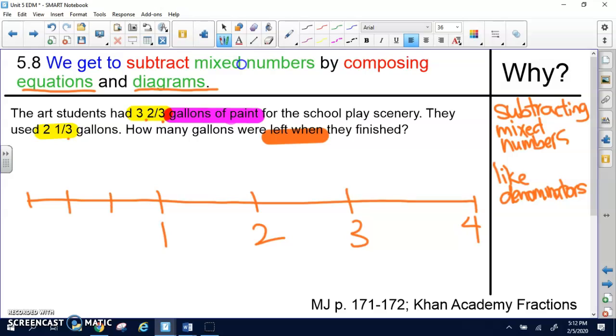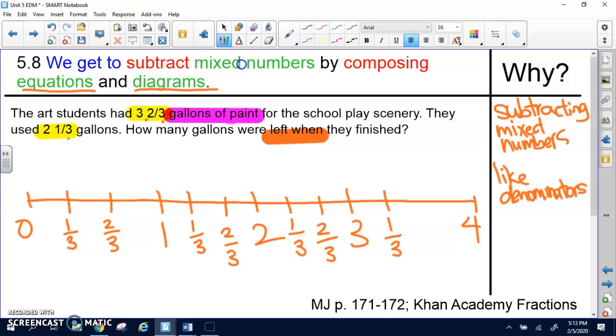So obviously I have to have 0, 1/3, 2/3, 1, 1 1/3, 1 2/3, 2, 2 1/3, 2 2/3, and 3, 3 1/3, and 3 2/3.